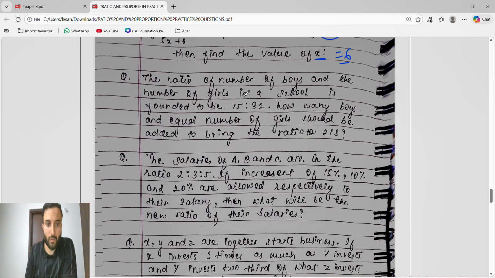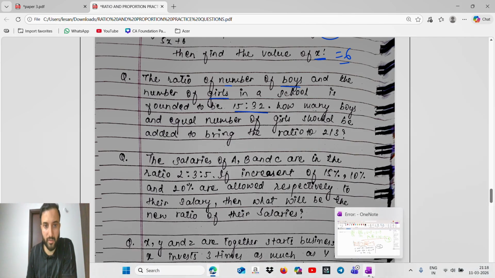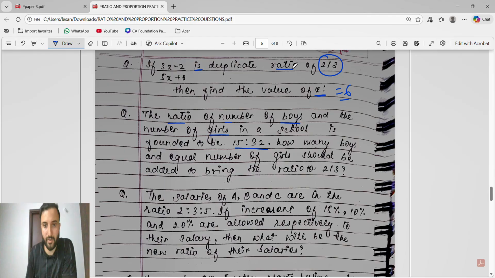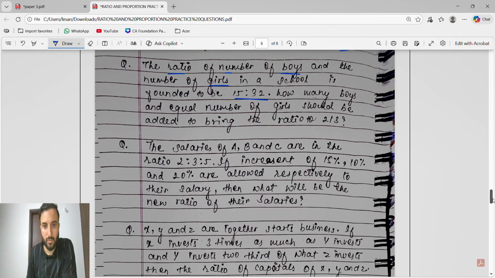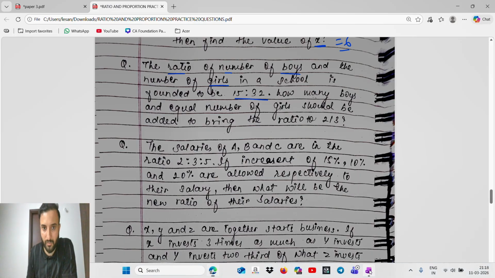Okay now next, ratio of number of boys and number of girls in a school is found to be 15:32. Again it is a ratio question. By seeing this question we'll understand, guys, ratio of number of boys and number of girls, the boys is to girls is 15:32.